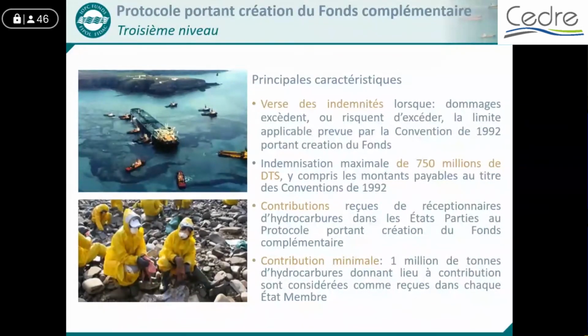The third tier, the third level, involves the Supplementary Fund. Now, this pays an additional amount of money, but you have to be clear that it was created in 2003 following the Erika and Prestige incidents.